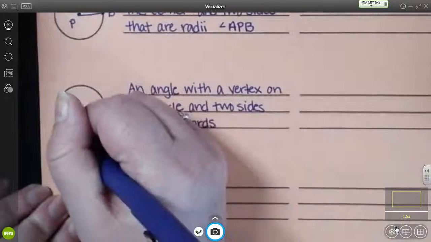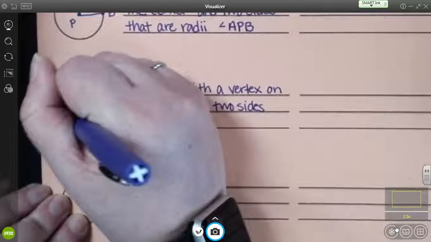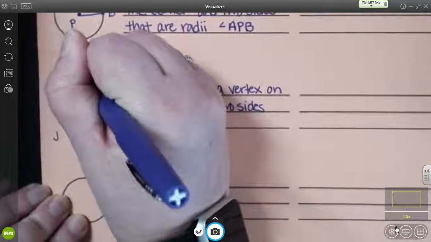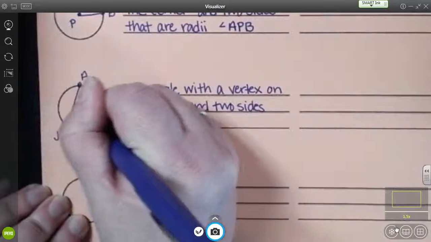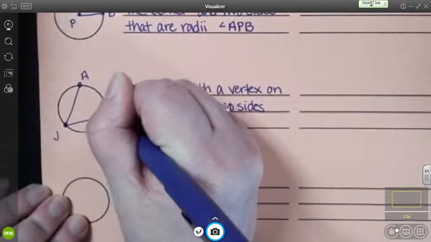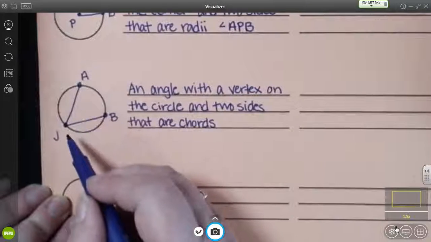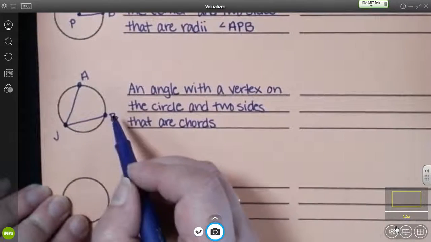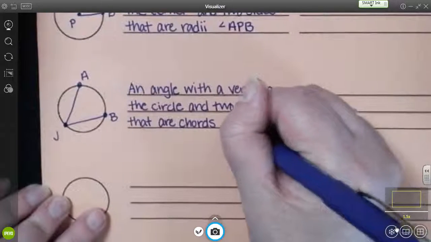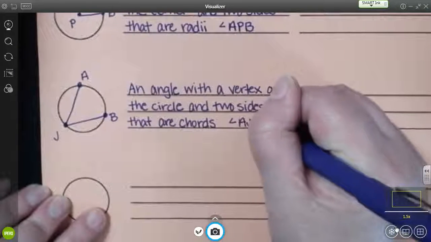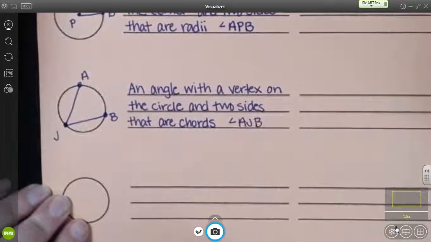So we're going to extend a segment from point J, bless you, 2 times. So we have two different chords, chord JA and chord JB. So that angle AJB is what we call an inscribed angle.